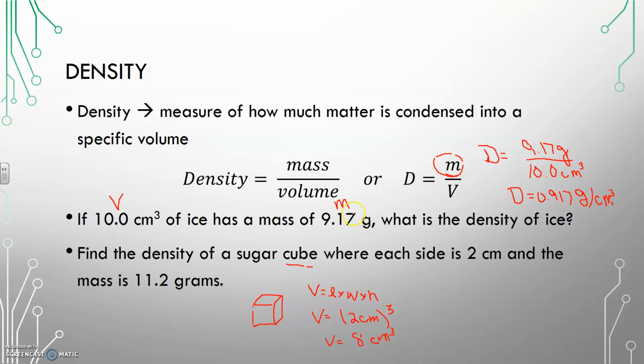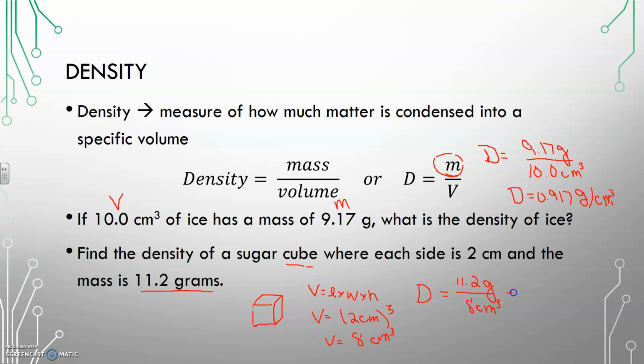Now we're going to set this up pretty much exactly the way that we did before. We just had to do one extra step to find our volume. Mass is given in the problem, so we have 11.2 grams, which goes on top. Now we can put the volume that we just found on the bottom, 8 centimeters cubed.